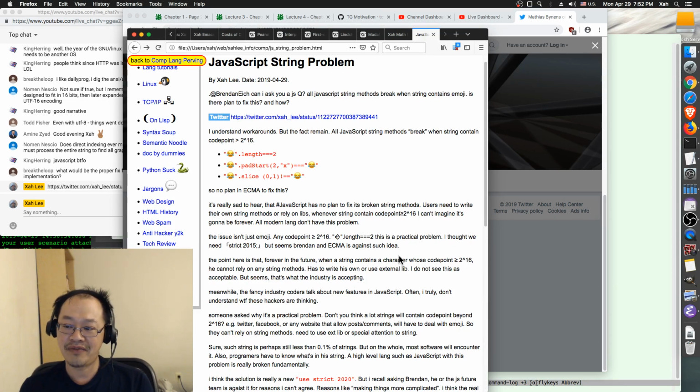If right now they don't have a plan to fix this, what does that mean? That means forever. How many people code JavaScript? Millions, right? Because JavaScript is almost the number one most popular language today. So for these millions and billions of software applications and websites, every time you use a string, you have this problem.